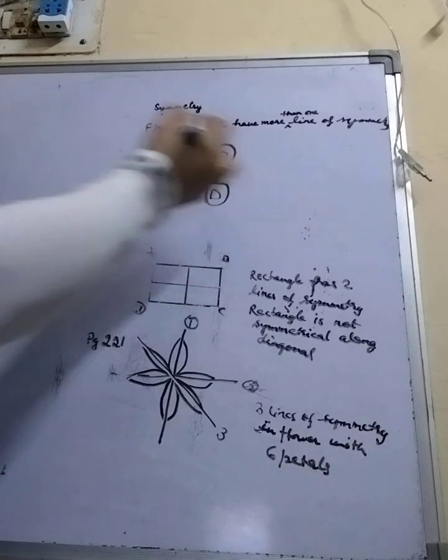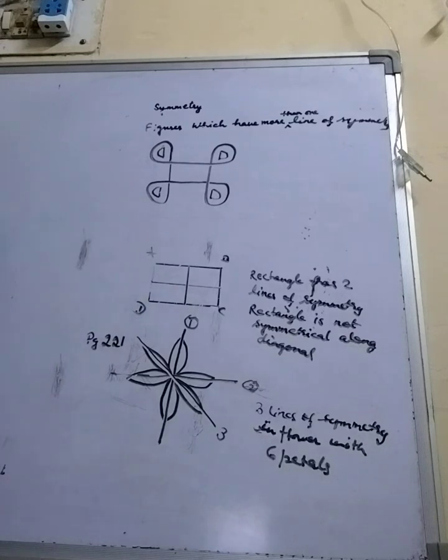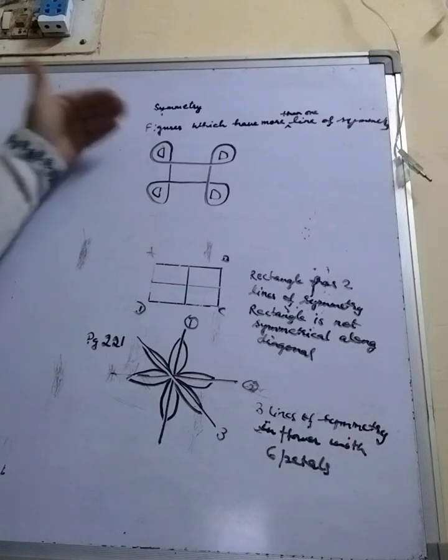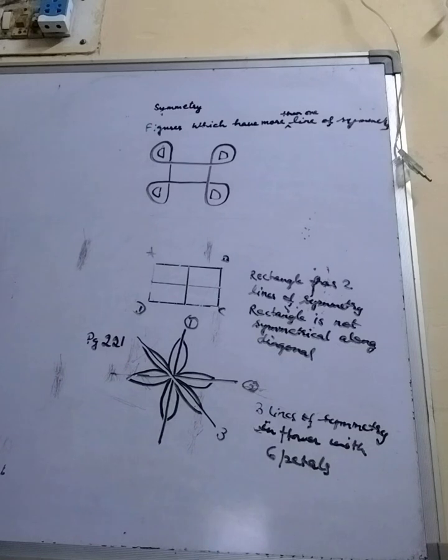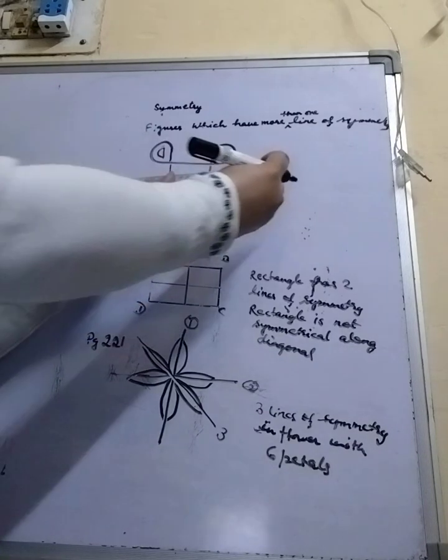Now you have to find the lines of symmetry for this figure. What things do you have to keep in mind? That one part should overlap the other part. So how would you fold the figure so that one part overlaps the other?